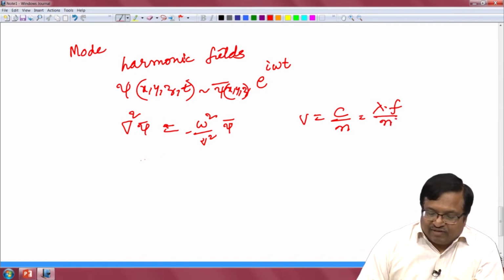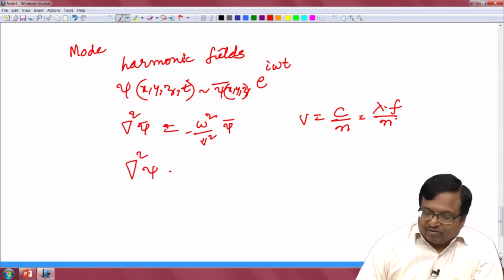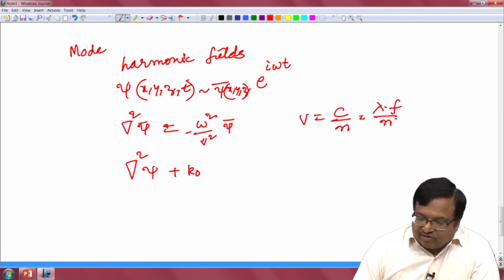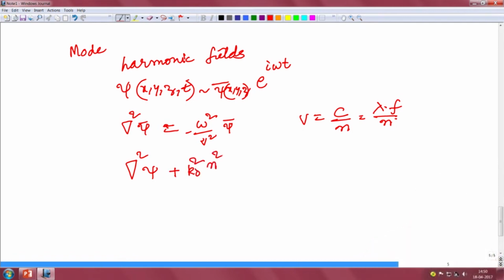After a little bit of manipulation we can reduce this to del square psi plus k0 square n square psi equal to 0. So, the refractive index profile is appearing in the wave equation as follows. This is called the Helmholtz equation, which does not contain the time variation. This is for the harmonic fields.